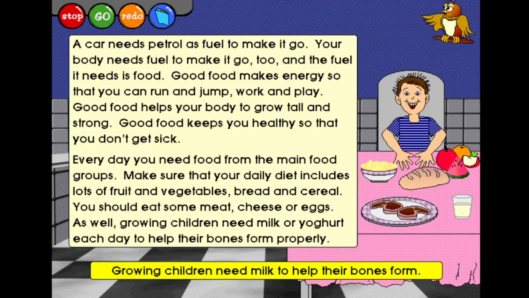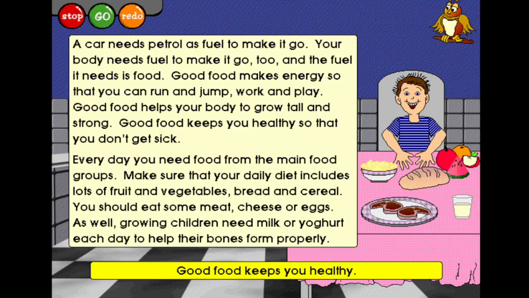Growing children need milk to help their bones form. Good food keeps you healthy. Aren't you clever? Click Go to do some more, or click on Redo to see this lesson again.